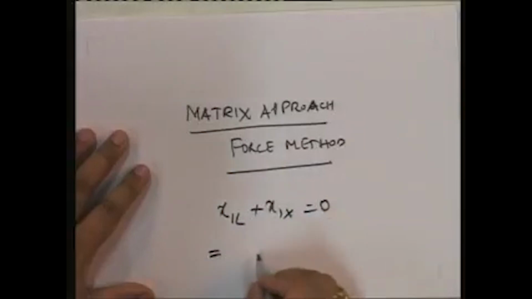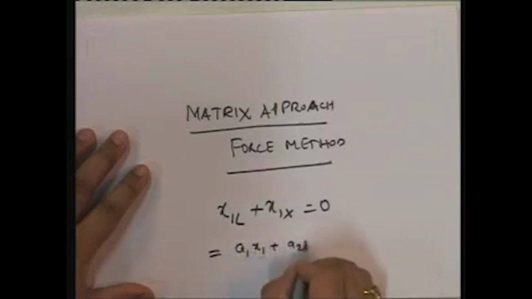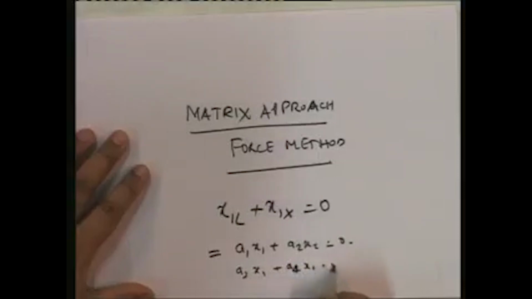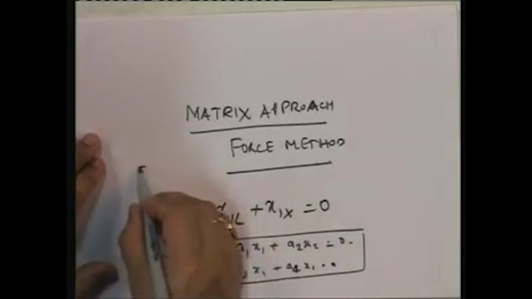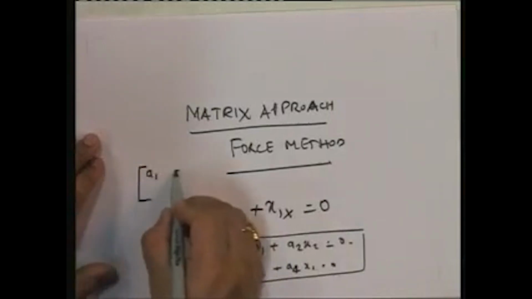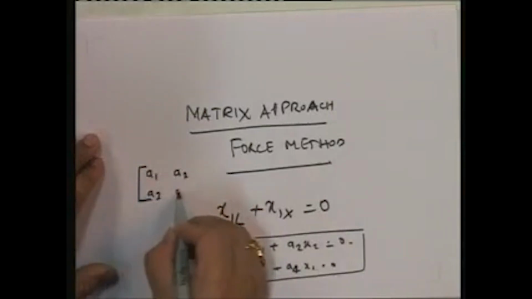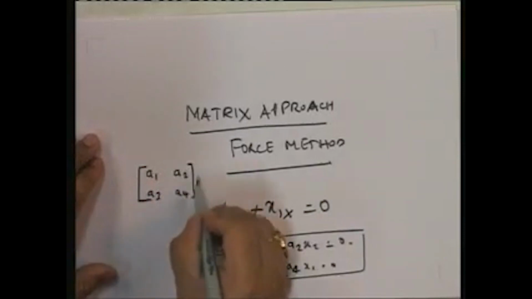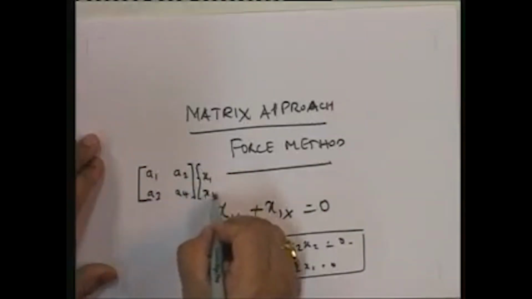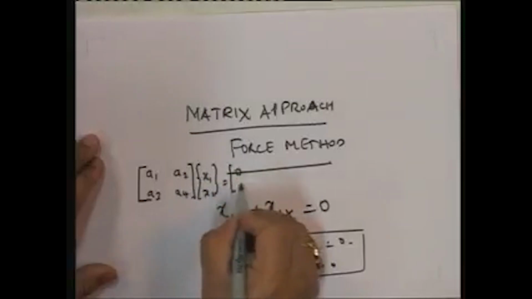If you really look at this, this is more like, if I were to put it, a1 x1 plus a2 x2 equal to 0, and then you can put a3 x1 plus a4 x2 equal to 0. If you really look at this, this can be written in terms of a matrix as a1, a2, a3, a4 into x1, x2 is equal to 0, 0.